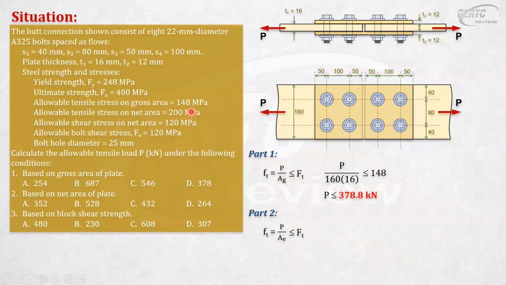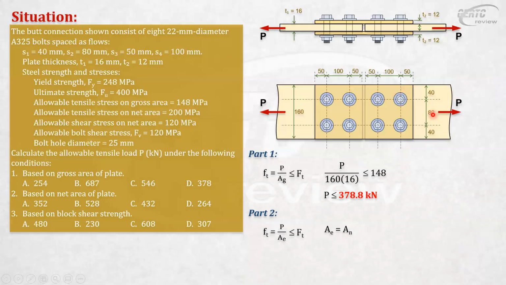In this problem, the effective net area is the actual net area. There is no zigzag pattern here; the bolts are arranged along the same line, so the effective area is equal to the actual net area.